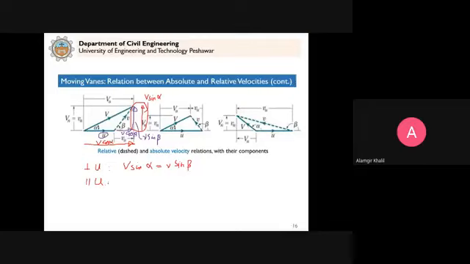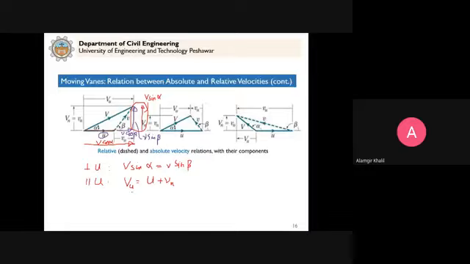Now parallel to u, what do we have? We have the V component in the u direction. From here to here is u, so this is equal to u. And then from here to here is the u component of the small velocity, which is equal to small v in the u direction.